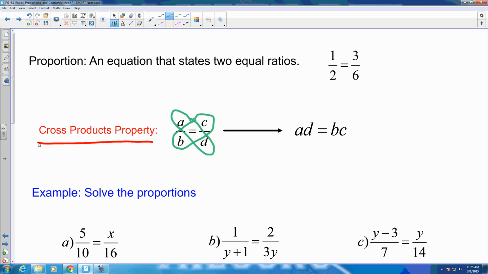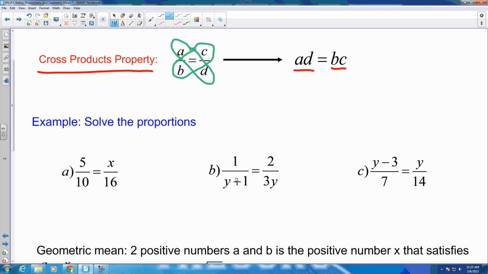Here, if you look, I took B and multiplied it by C, and I got A multiplied by D. So if I take these ones here, 2 times 3 is 6, and 1 times 6 is also 6. Since they equal each other, we know that they are proportional.